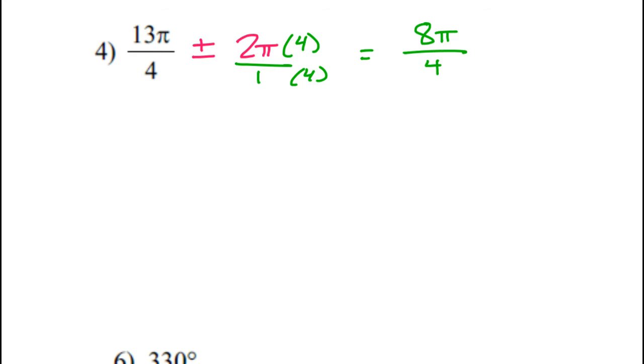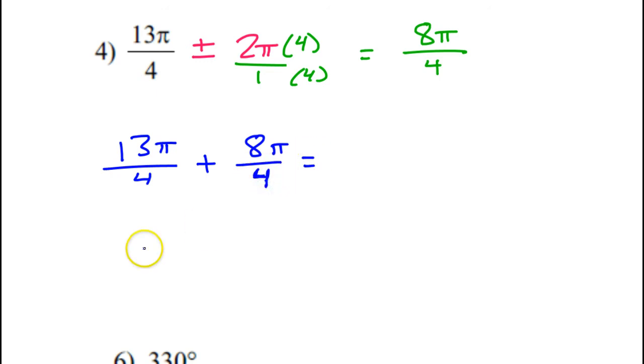So I can find my coterminal angles by doing 13 pi over 4 plus 8 pi over 4, which is really adding 2 pi. And I can get a coterminal angle by doing 13 pi over 4 minus 8 pi over 4. That's going to be interesting.